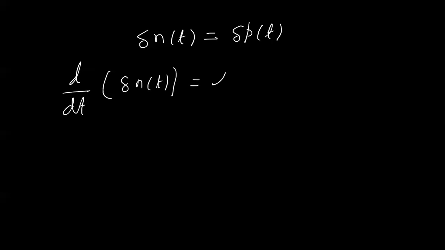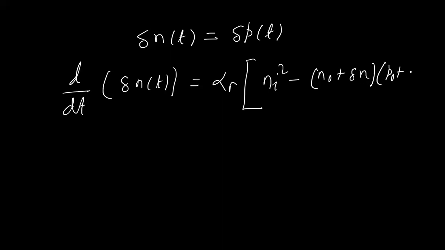In our previous equation, alpha r was the proportionality constant: ni square minus n, where I will substitute n0 plus delta n. Delta n(t) is there, I'm just writing it as delta n to keep it simple. P0 plus delta p is a function of time again. Delta n and delta p are functions of time.